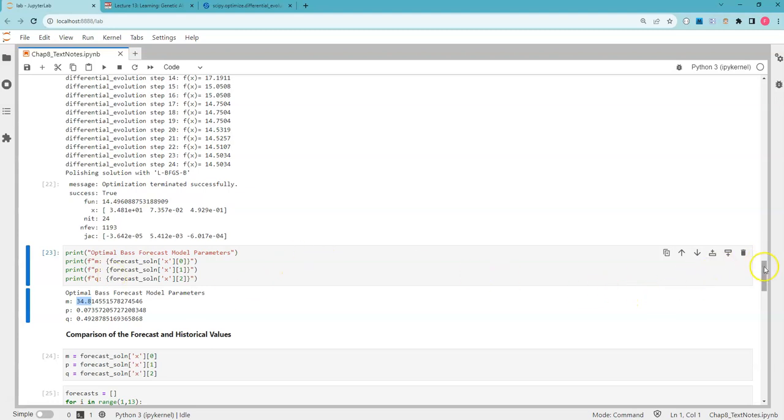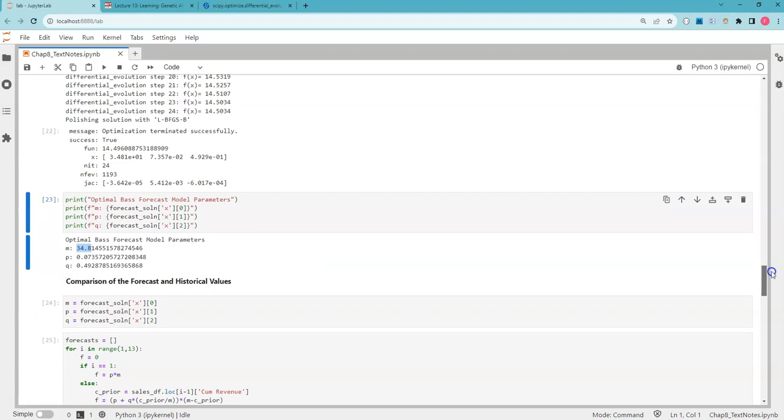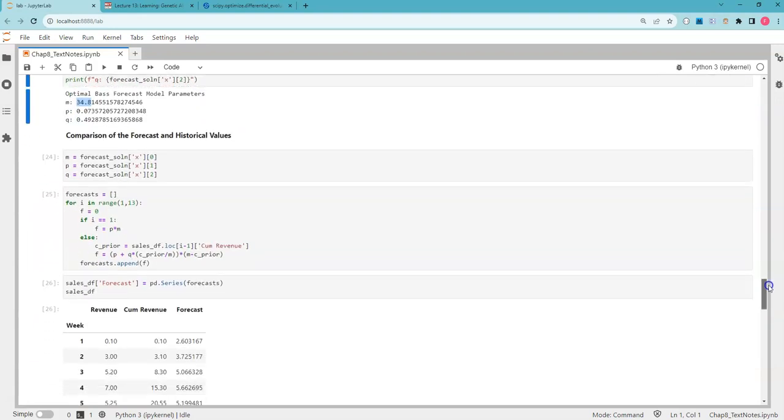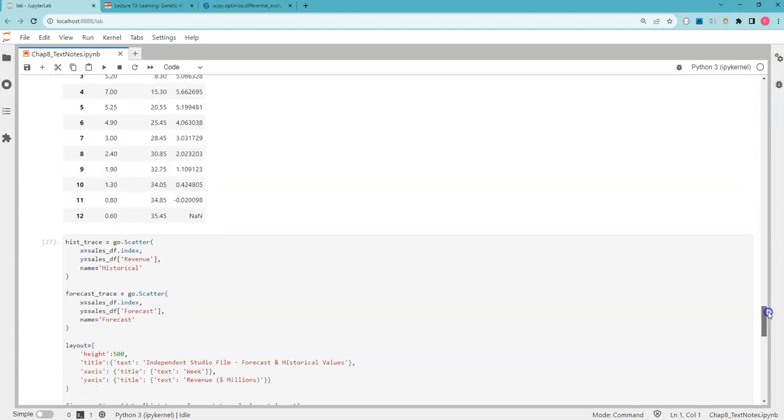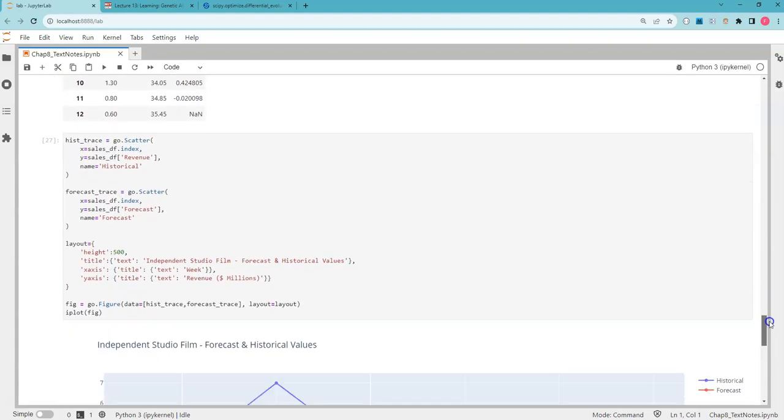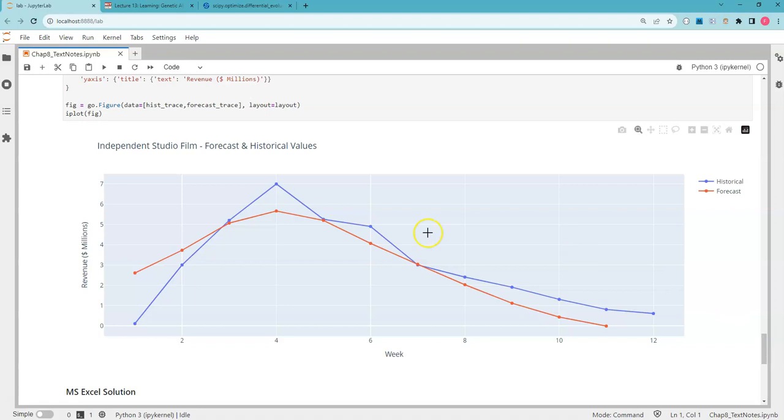If I come down here, one of the things you may do with this is see the matching of the two data series. In one sense you have the recorded values, which is the blue trace here, and in the other you have the model's predicted values here in red.